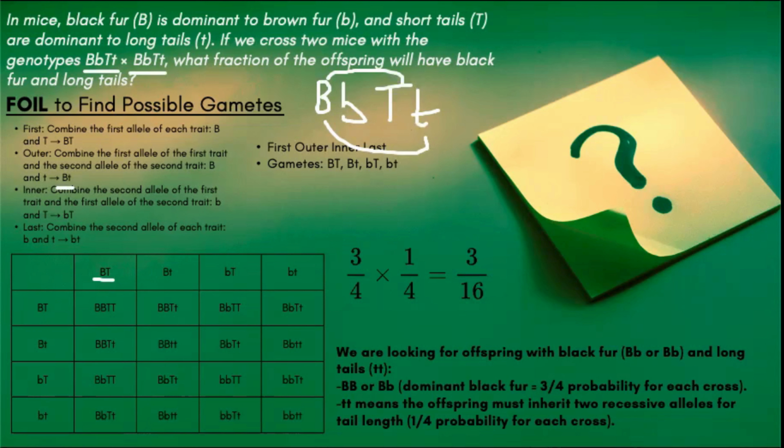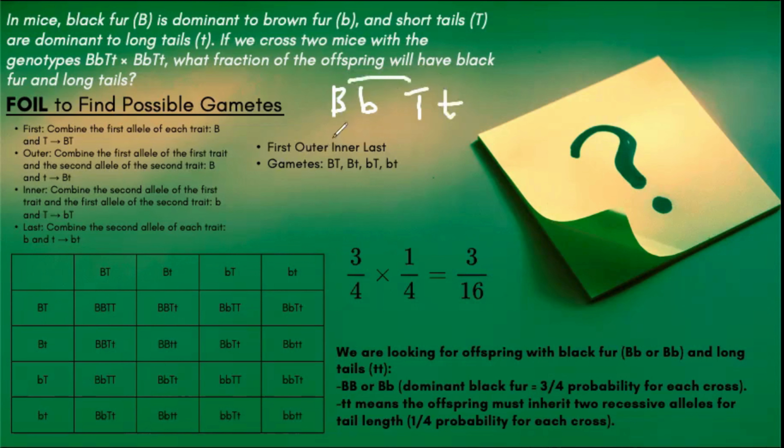You can remember it as FOIL, but just to recap, I'm taking all possible combinations and creating that dihybrid cross by taking the first with the first, big B, big T, first with the second, so big B, little t, the inner with the first, so that's little b, big T, and last with the last, so little b, little t.